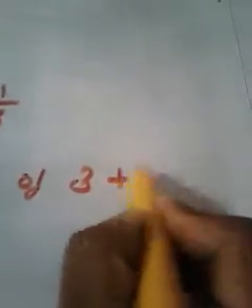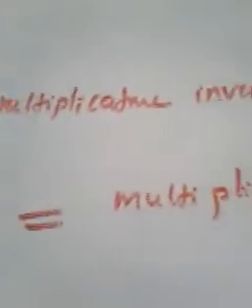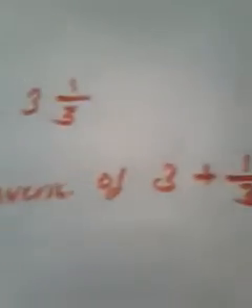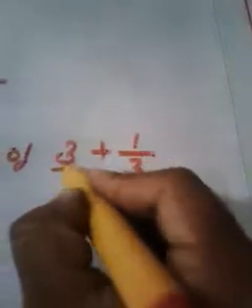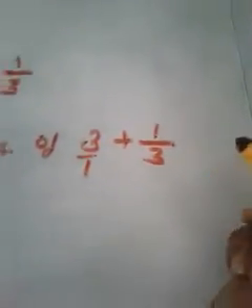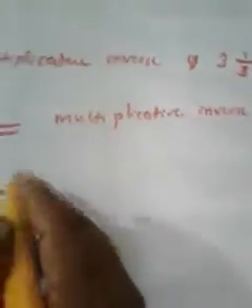We can write it as 3 plus 1 by 3. So the multiplicative inverse of 3 1 by 3 becomes the multiplicative inverse of 3 plus 1 by 3. Give the 3 the denominator 1 and cross multiply to make it a proper fraction, as in the previous question.